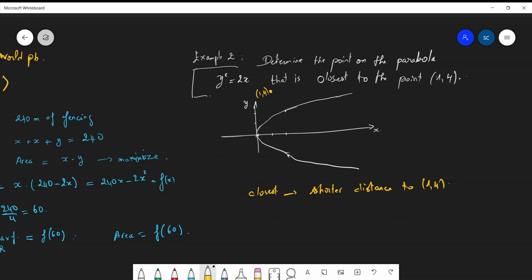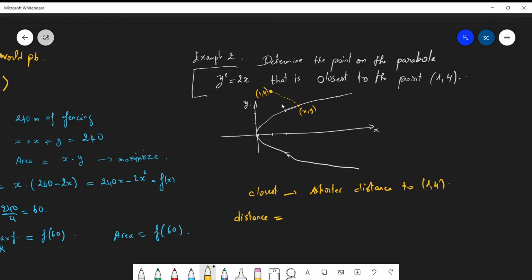Now the point I'm looking for has coordinates x, y. I don't know which one, and I can always consider this distance.